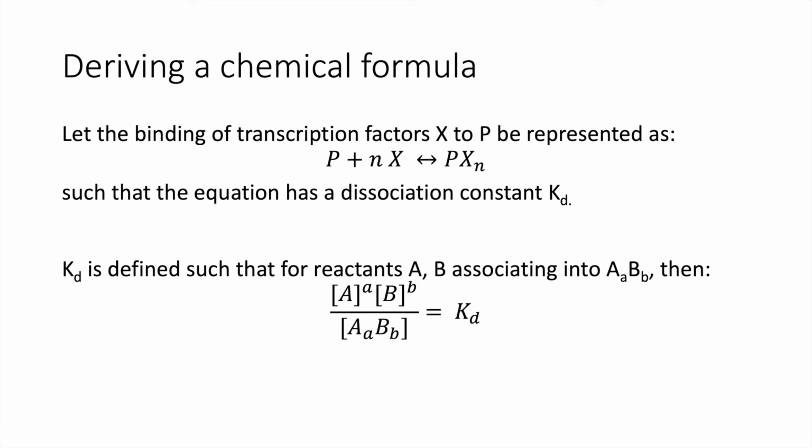And Kd is defined such that for reactants A and B associating into A_aB_b, a complex, you should have this equation hold. And this just comes from chemistry equations. It's the product of the dissociated reactants to the exponent of their cooperativities over the concentration of the complex.